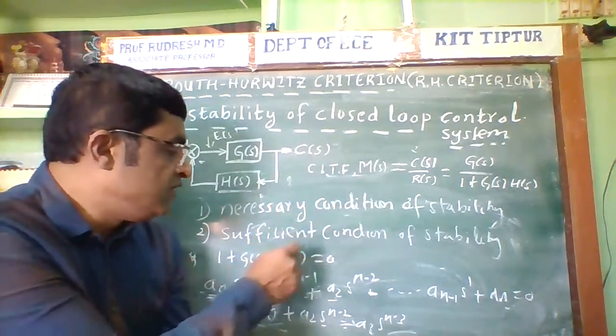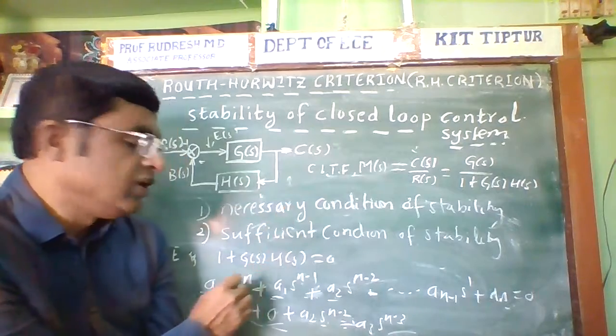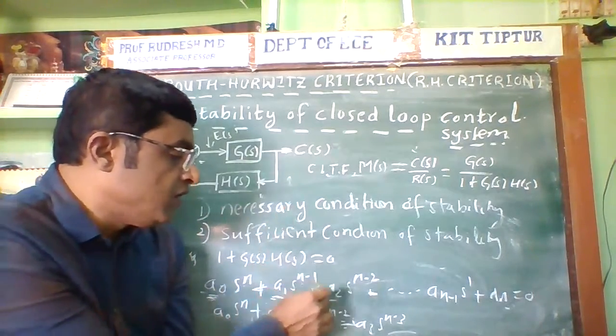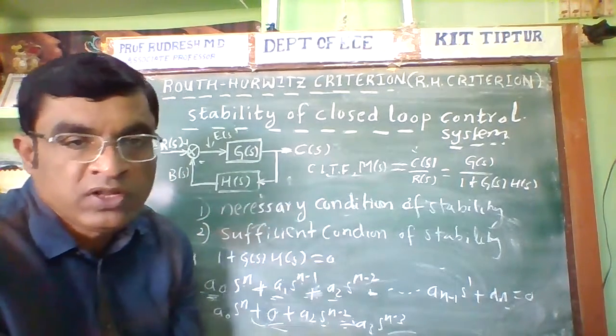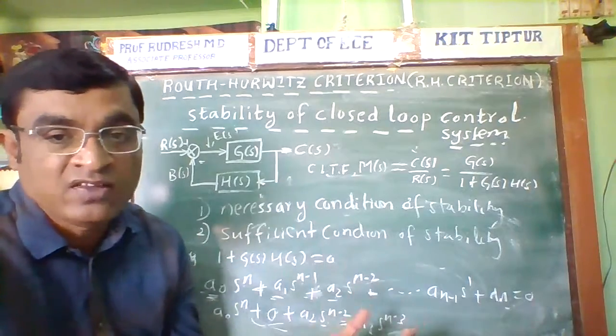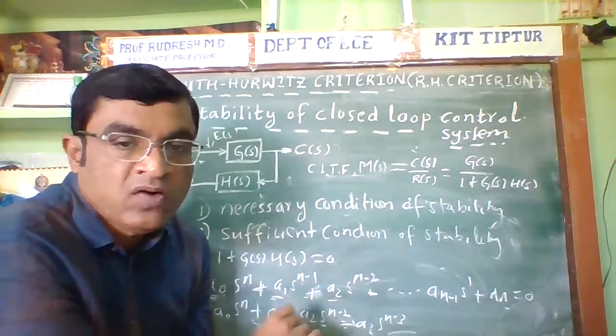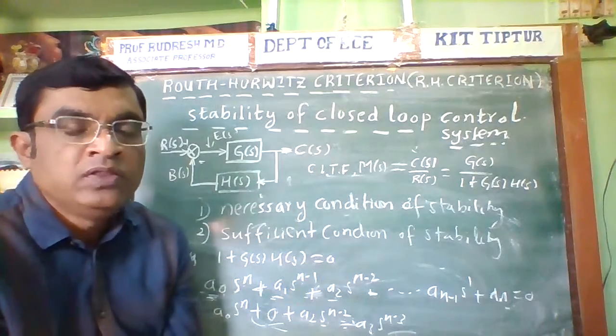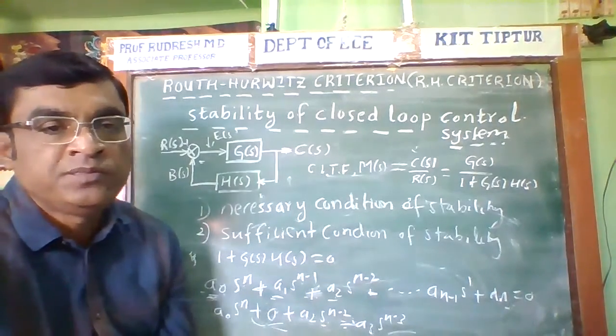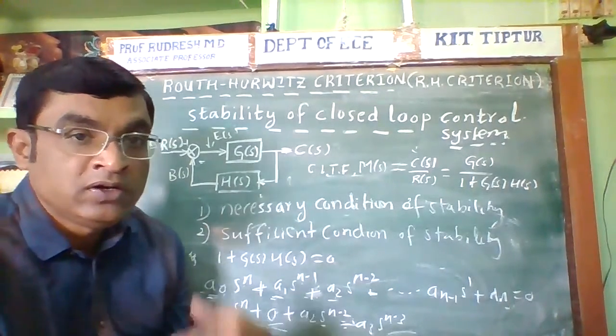If the necessary condition is satisfied and all the coefficients are positive, then we can easily conclude that the system is stable. But in some cases, even though all the coefficients are positive, some systems exhibit instability.